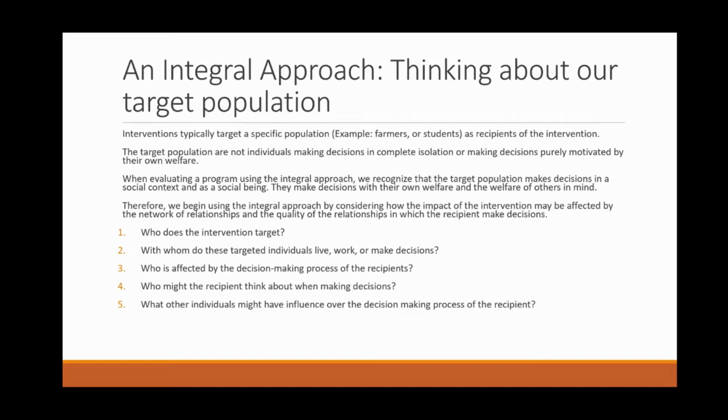So it would be insufficient for me to simply analyze just that farmer, because that farmer is not a radical individual. That farmer is a social person. So when we use the integral approach, it broadens the scope. It deepens our thinking about the target population that we're working with and about the recipients of our intervention. Okay.